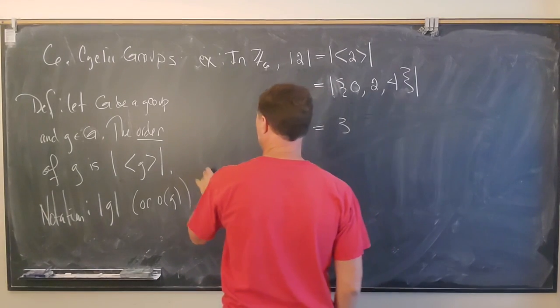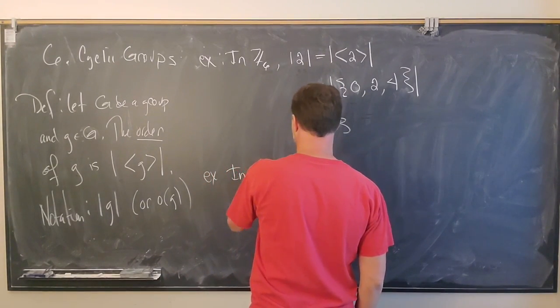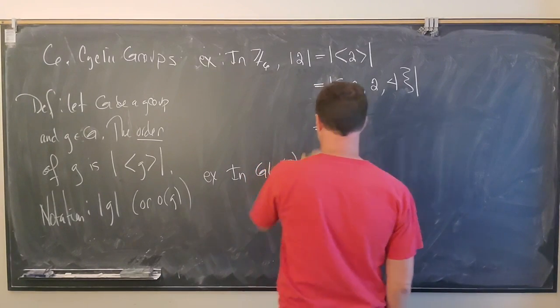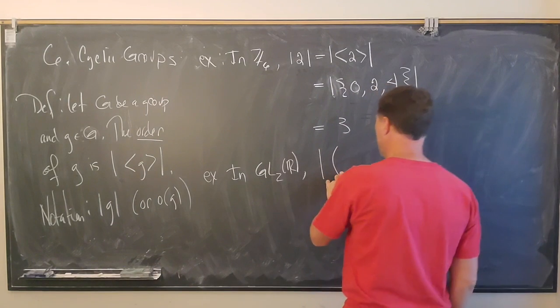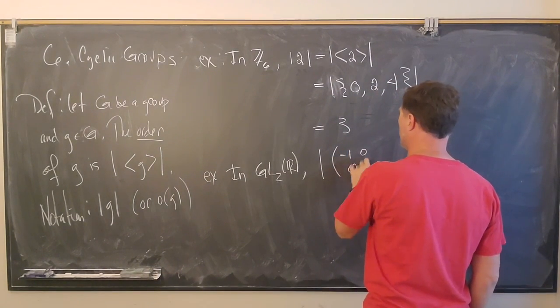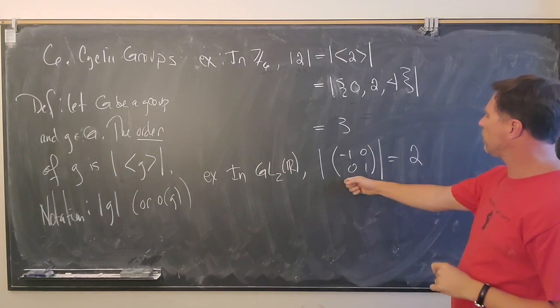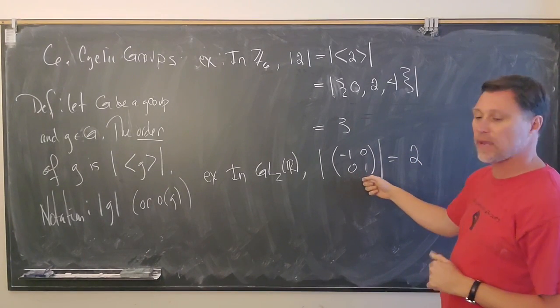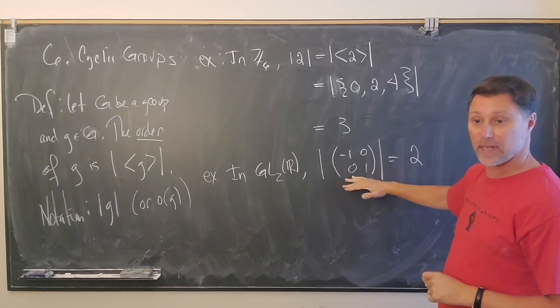Another example, in GL2R, the order of the element -1001 turns out to be 2. How would you do this? You'd look at what happens when you start multiplying this matrix times itself. If you multiply this matrix times itself, you'll get the identity matrix.